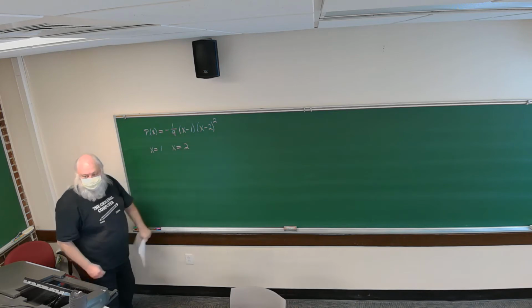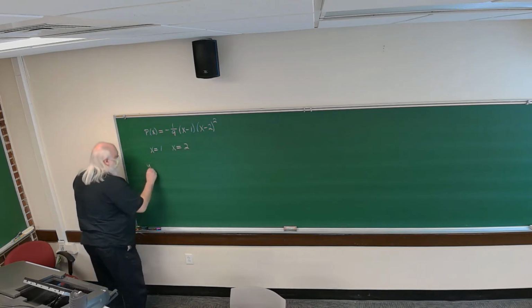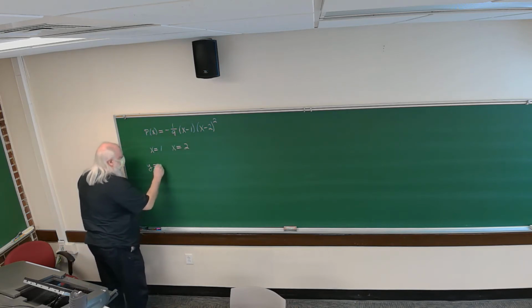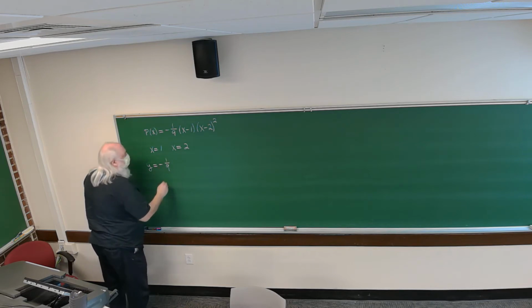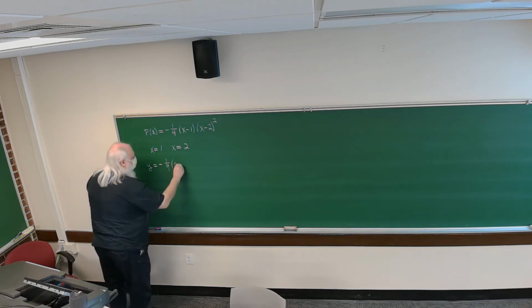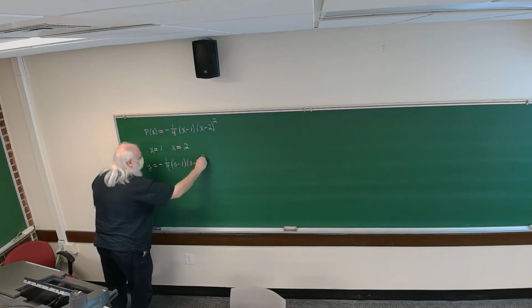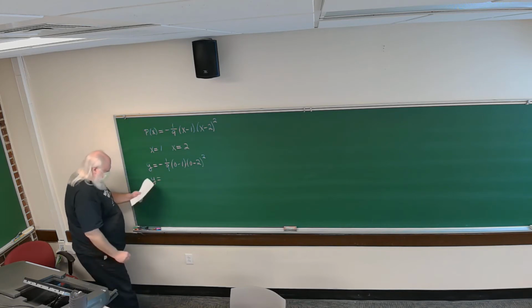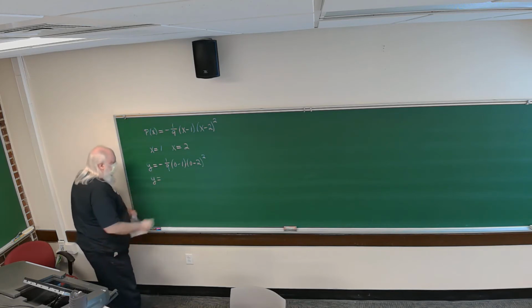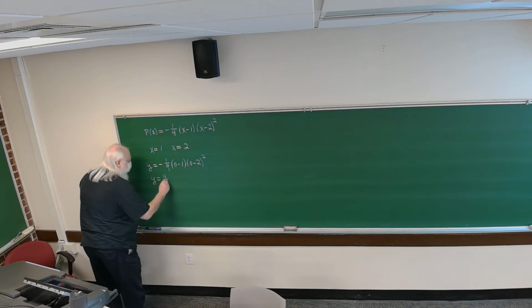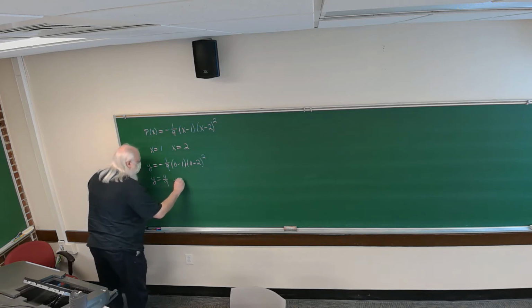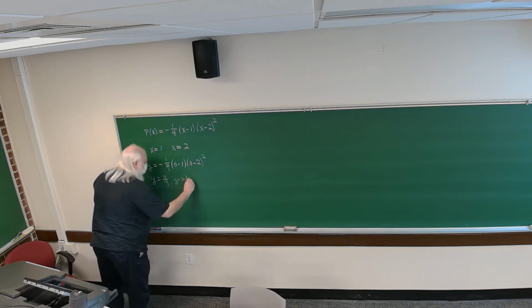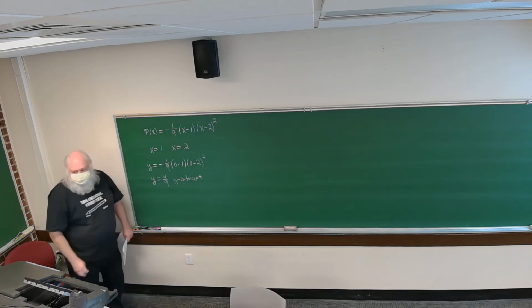So when you put 0 in for x, we have y is equal to minus 1/9 times 0 minus 1 times 0 minus 2 squared. And when I did that arithmetic, I got y is equal to 4/9. That's the y-intercept. So that helps me come up with a little more accurate graph.